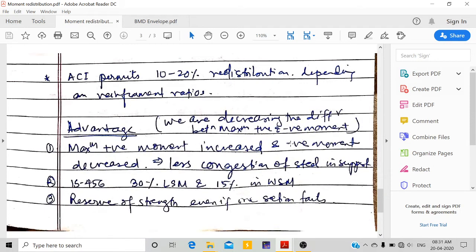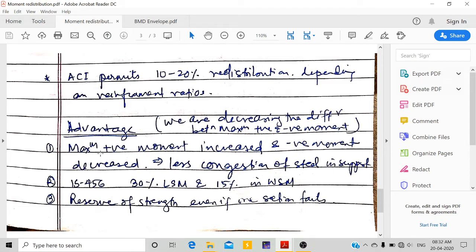In IS 456, they have given a 30% limit for redistribution in the limit state method. In the ACI code, American Concrete Institute, they permit 10 to 20% redistribution depending on the reinforcement ratios. In IS 456, we have 30% in the limit state method and 15% in the working stress method.